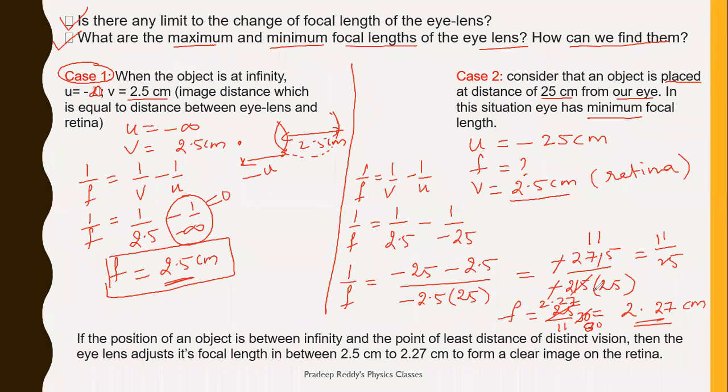So when you are placing object at infinity, the maximum focal length which it attains is 2.5 centimeter. And if you are placing object closer to your eye, what is the least value the focal length takes? It is 2.27 centimeter only. Therefore, the limit of focal length will be only within a range.